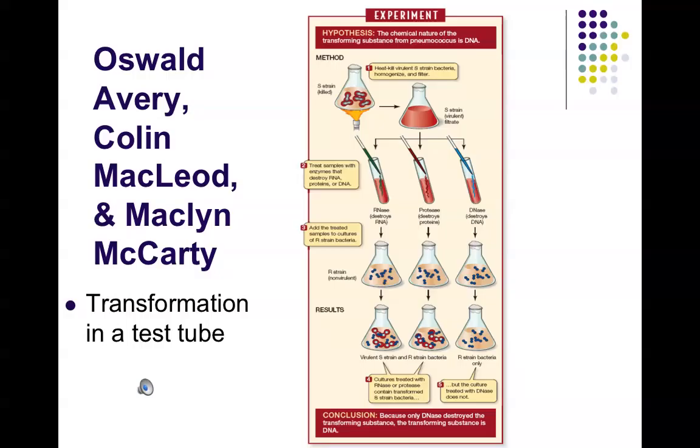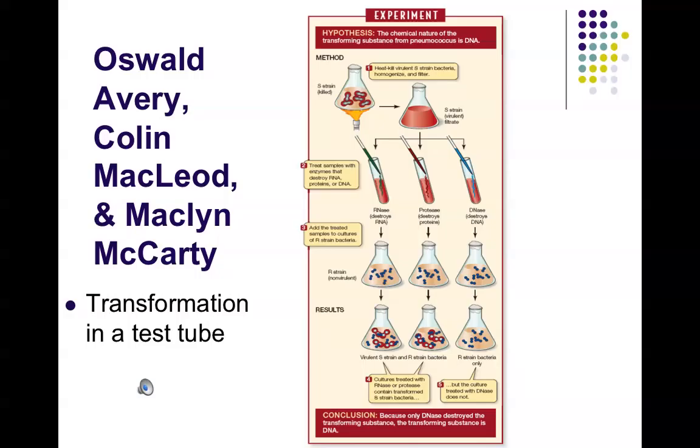By taking different mixtures of extracts of smooth Streptococcus pneumoniae and rough Streptococcus pneumoniae and allowing transformation to occur in a test tube, Avery, McCarty, and MacLeod are known now for the discovery of the identity of the transformation principle.